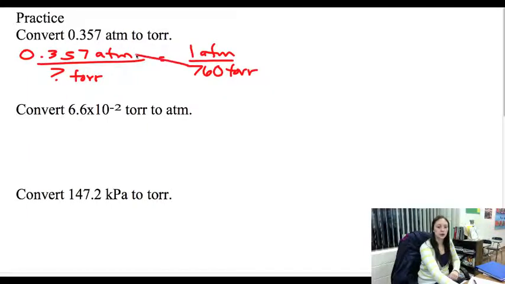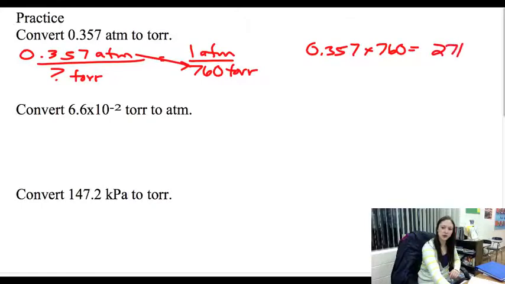So you end up cross multiplying and dividing, which is 0.357 times 760 equals 1 times x. So just x. So we end up with 0.357 times 760, and we get 271 torr.